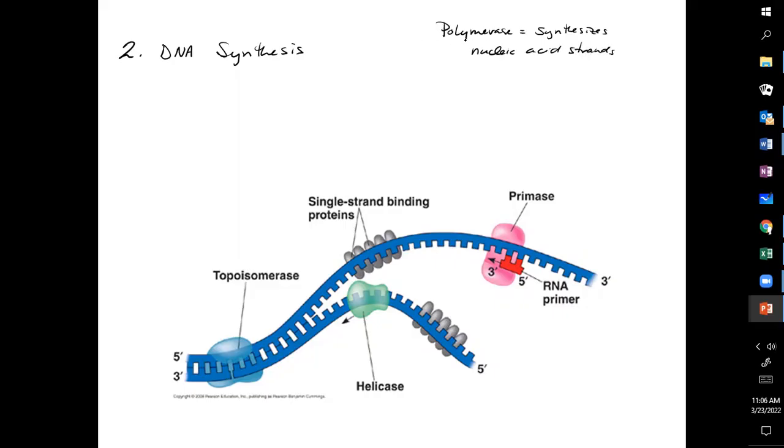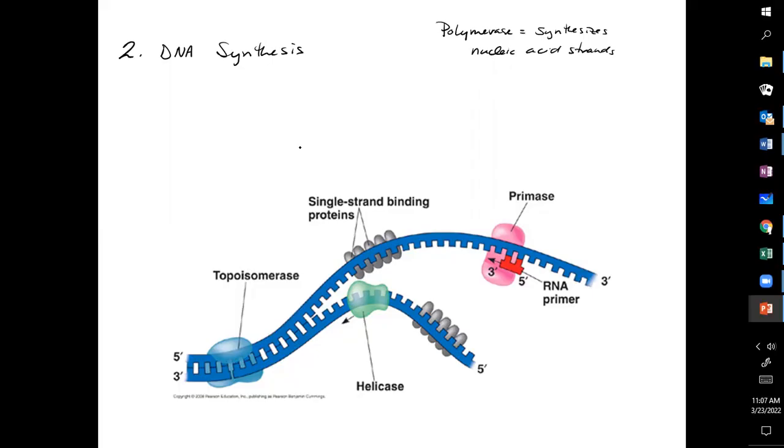So there are a lot of different polymerases, but when you hear the term polymerase, what you're talking about is the synthesis of a new nucleic acid strand. So that can be a DNA strand or an RNA strand, and that is a polymerase reaction. So polymerases are going to be the enzymes that do the synthesis process. So the DNA polymerase is going to be the major enzyme.